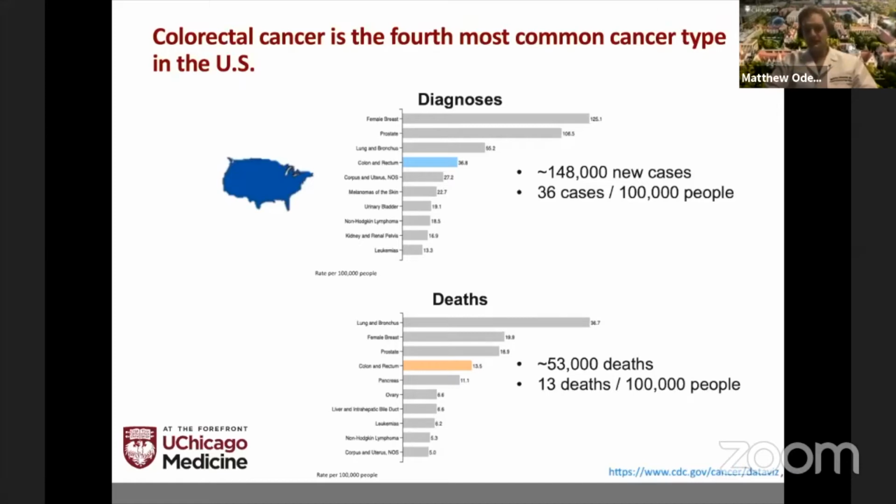And similarly, colon cancer is responsible for the fourth most deaths related to cancer. And that's again behind lung, breast, prostate, and then colon and rectal cancer is next. And it's estimated that this year about 53,000 deaths will occur in the United States alone just from colon and rectal cancer.